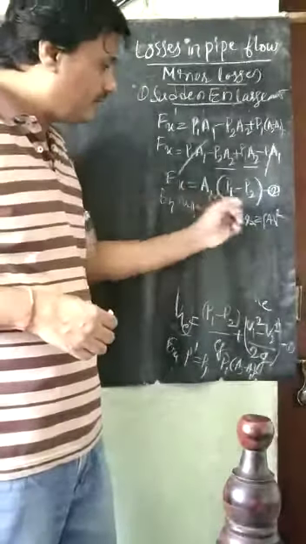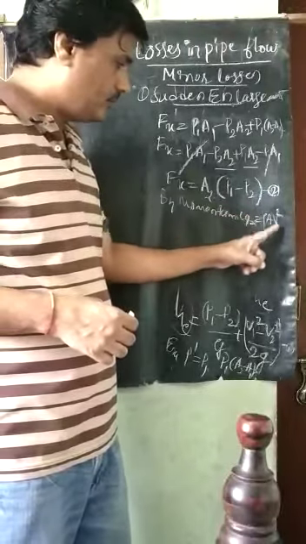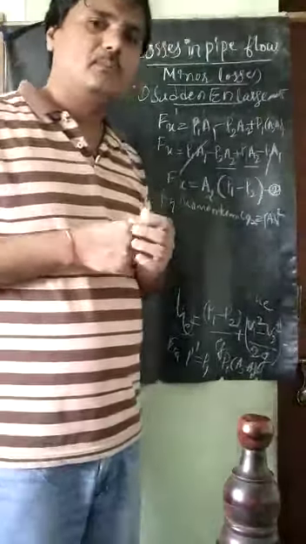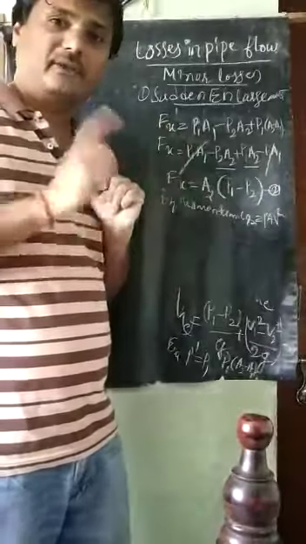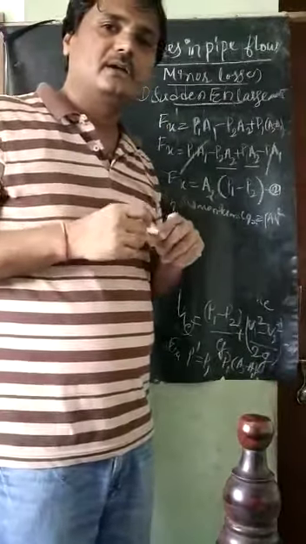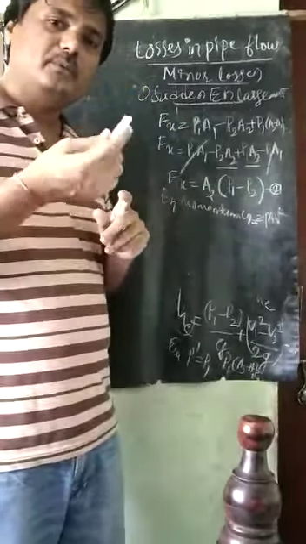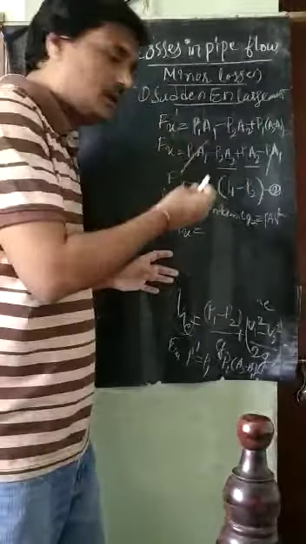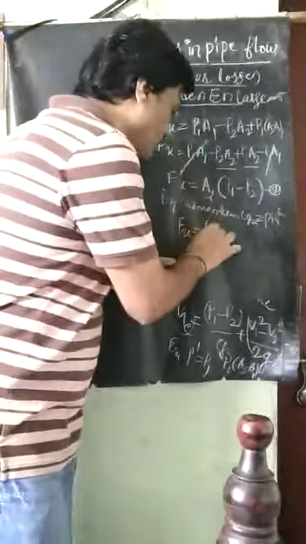If I write the momentum equation for section 1 and 2, because the momentum difference between section 1 and 2 will develop the same force Fx, then Fx is equal to rho A2 V2 square minus rho A1 V1 square, at section 2 and section 1.